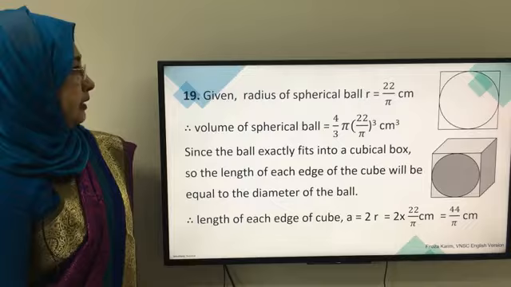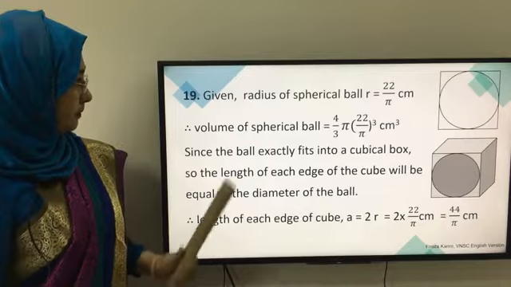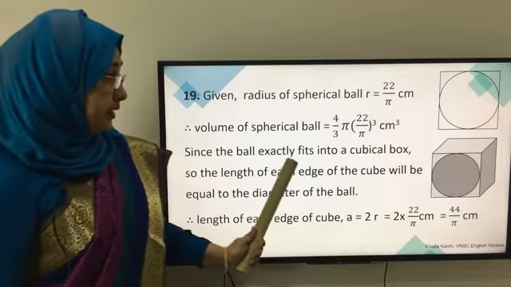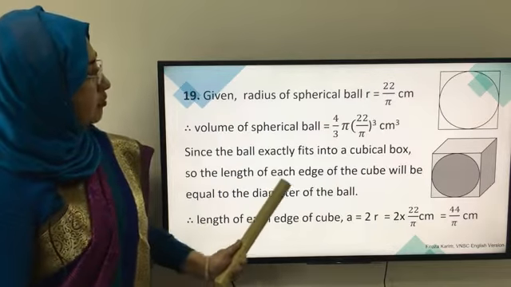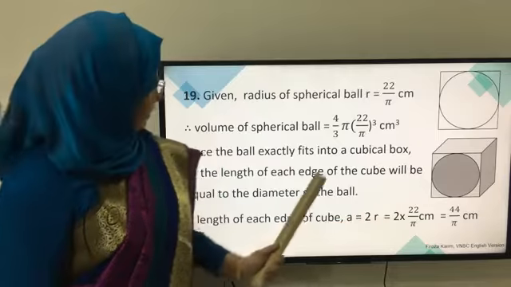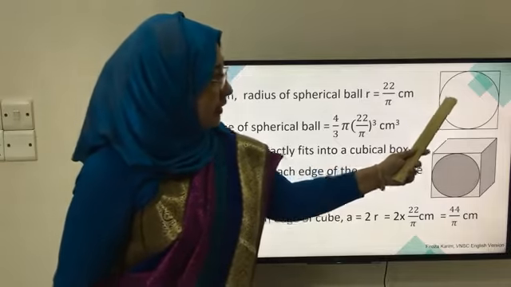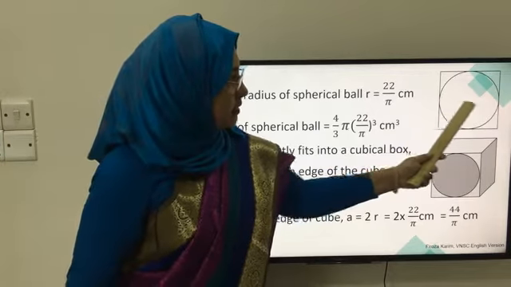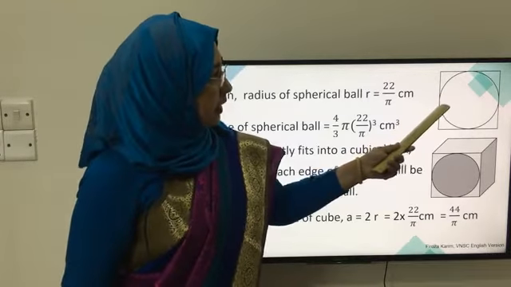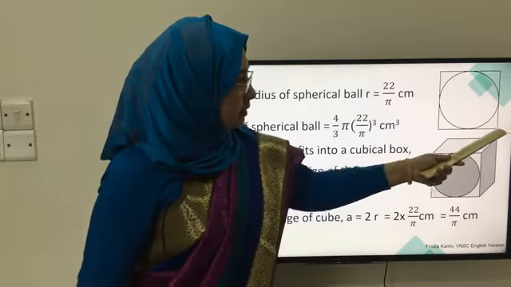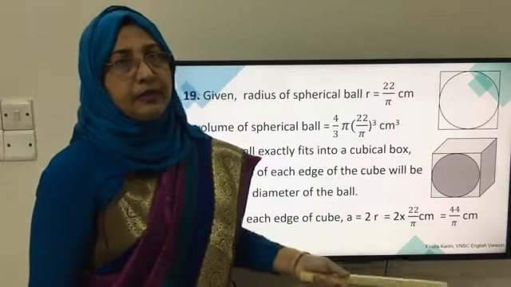Now one thing you have to identify: since the ball exactly fits into the cubical box, the length of each edge of the cube will be equal to the diameter of the ball. Look here, this is the diameter through the center of the spherical body, and this is the length of each edge of the cubical box; both sides are parallel, so they are equal.